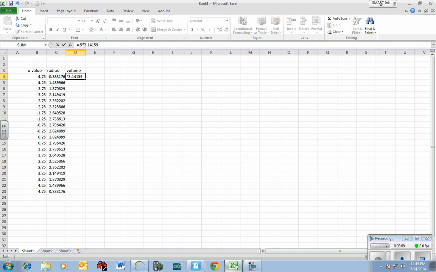I'm just going to do pi as that many decimal points, times, now next would be the r squared. So I'm just going to go over here and click the radius, carat it to square that. Now what I have so far would be the area of the semicircle, but I need to multiply it by the thickness of the foam board to create that third dimensional volume.